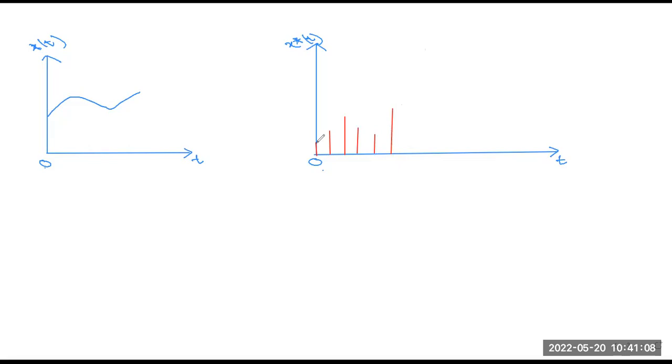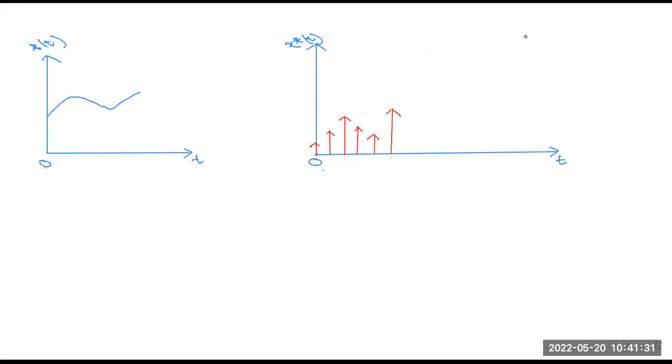Starting point 0, then T, 2T, 3T, 4T, 5T, and so on. This is the output of the impulse sampler function.